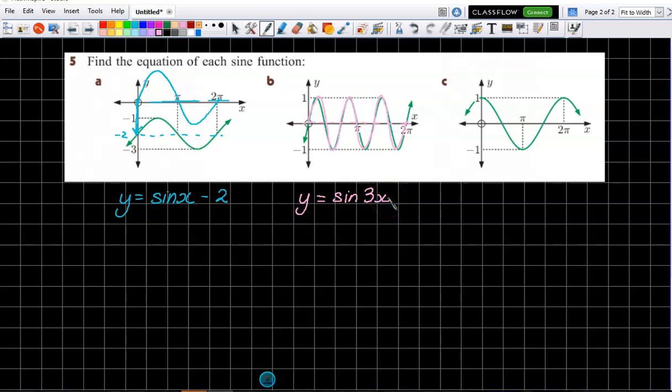Agreed? If this was, let's change that to, what shall we change that to? 4? If that was 4, and then that would have to be minus 4, then that would be a simple case, it would just be 4 sine 3x. Agreed? What would you tell me this graph is?